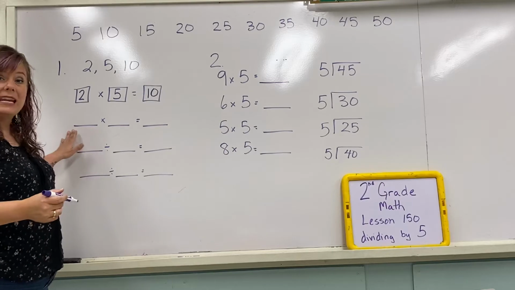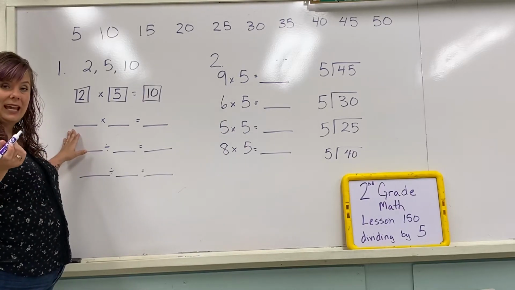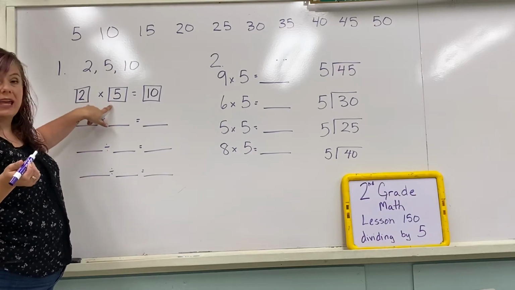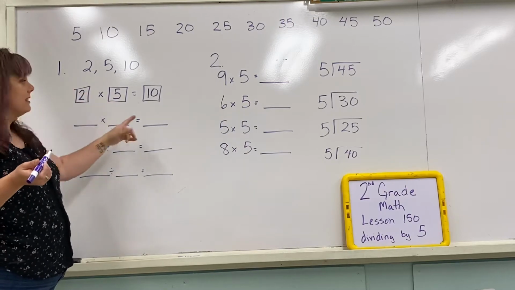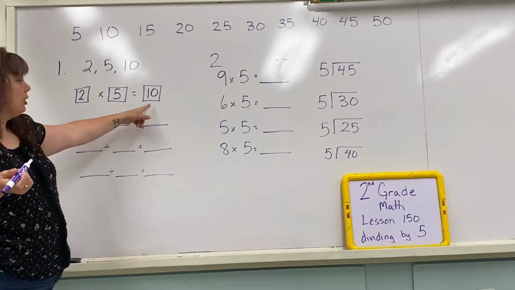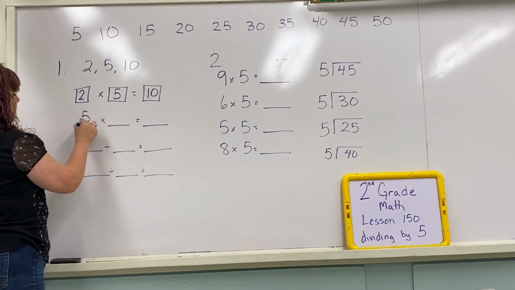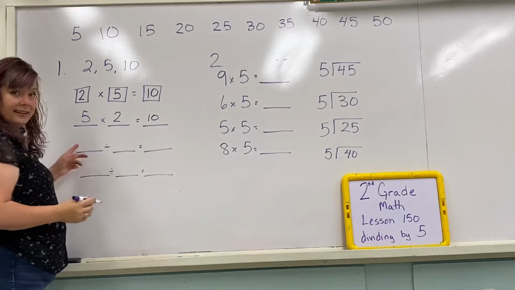Now for the next one, we need another multiplication fact using 2 and 5 and 10. And remember what we learned about multiplication? Multiplication is like addition. You can flip the 2 factors and still end up with the same number. So we're going to flip those. So we have 5 times 2 equals 10.